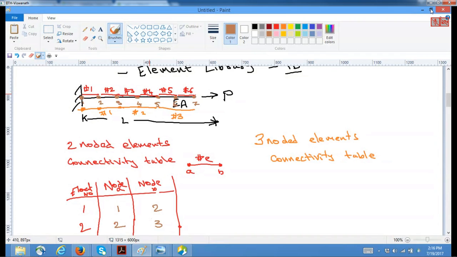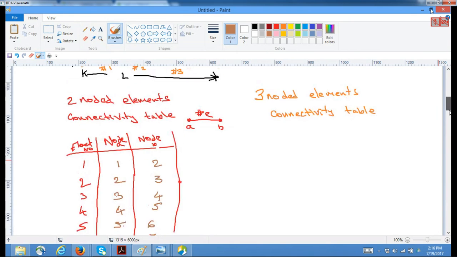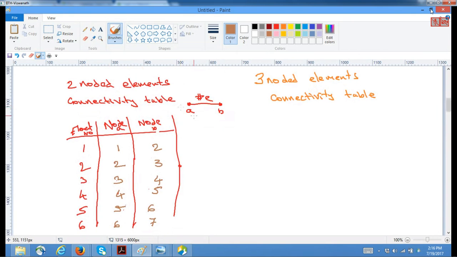So the entire structure is made up of 6 elements, 1, 2, 3, 4, 5, 6. But each element has connective nodes for it. An element is defined by a set of nodes, and this set of nodes for a two-noded element is A and B. It defines our mesh, or nothing but our geometrical discretization.